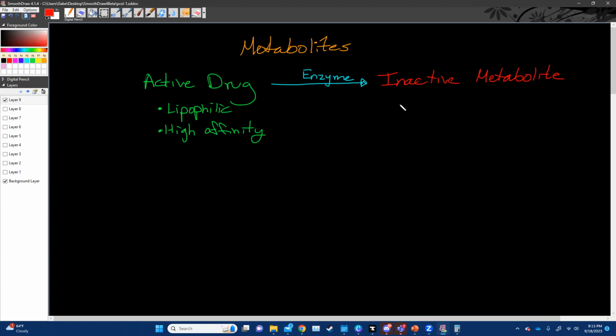In general, inactive metabolites are hydrophilic, so that way they can be excreted, usually by the kidney, sometimes by the liver, through the feces. And these have what I will say lower affinity. Sometimes metabolites do have affinity for the receptor, but it is almost entirely lower, much, much lower.